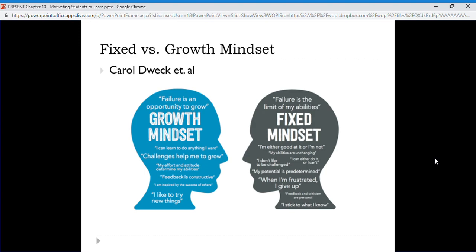In the next phase of the study, researchers offered them a choice between a task that they could learn from or a task that they would definitely be able to complete. This group refused to take the challenge that they could learn from. The other half was praised for their effort instead of their ability. And in this group, 90% of students chose the challenging task that they could learn from.